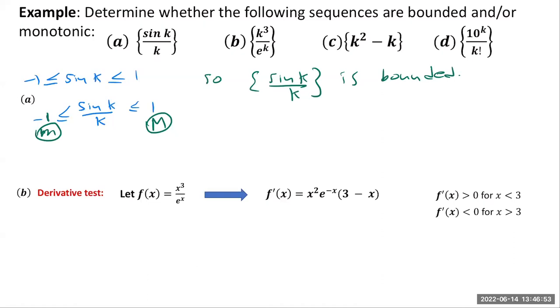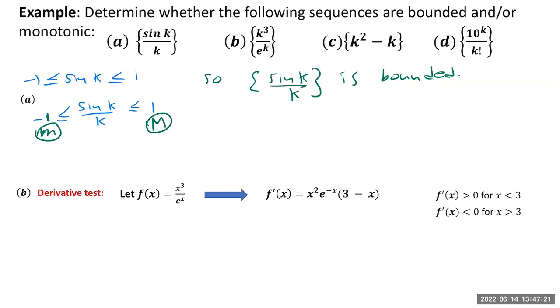All right. What about monotonicity? This sequence is clearly not monotone because even though this denominator is always positive, this sine k changes the sign, right? Sometimes it becomes positive, sometimes it becomes negative. So that means it's going up and down, right? The values of the sequence are positive, negative, positive, negative, positive, negative. They are going up and down.